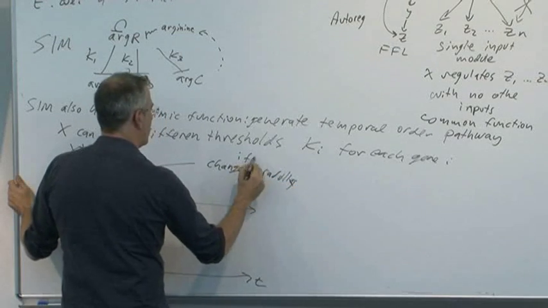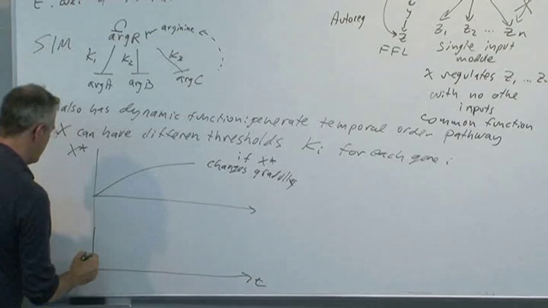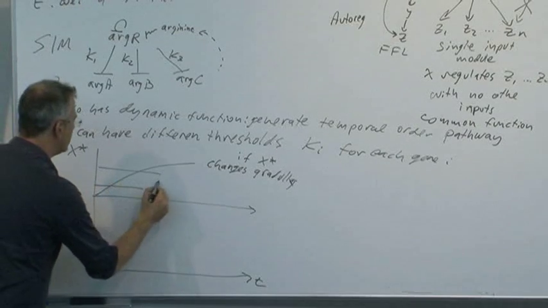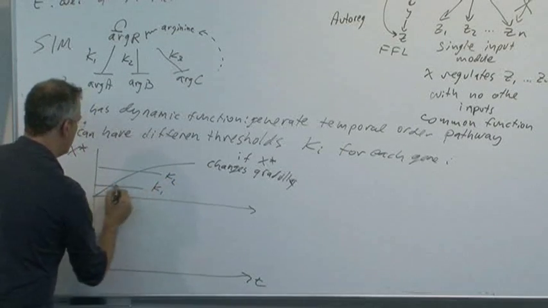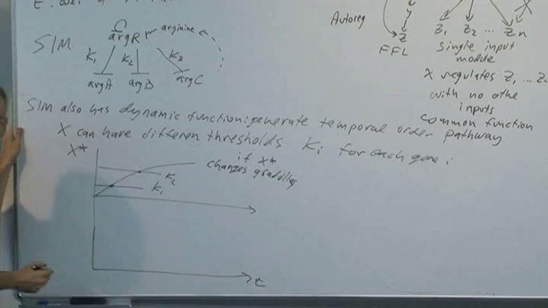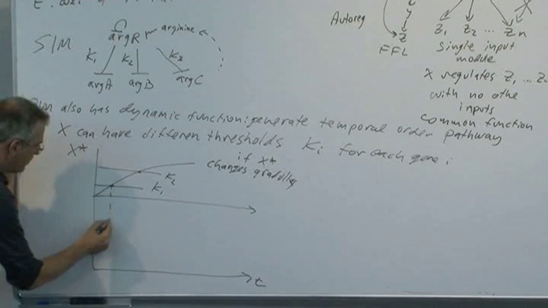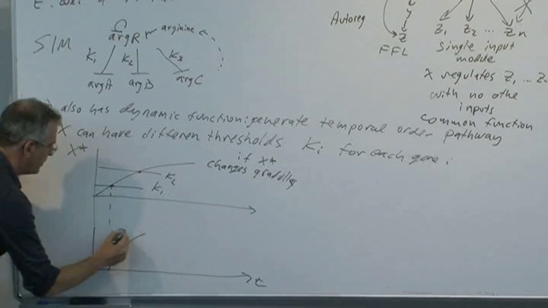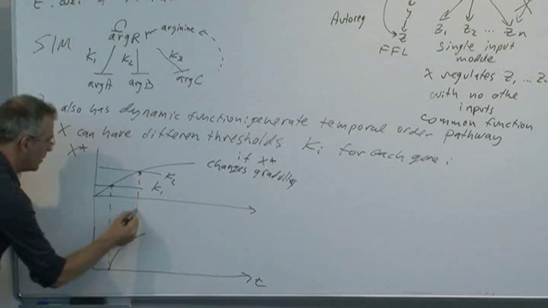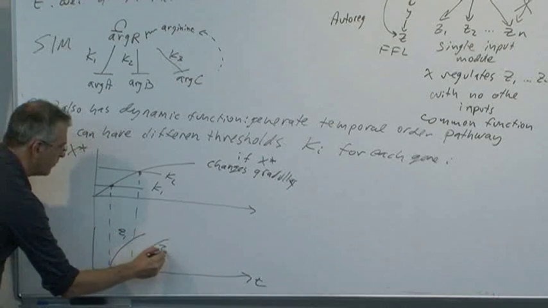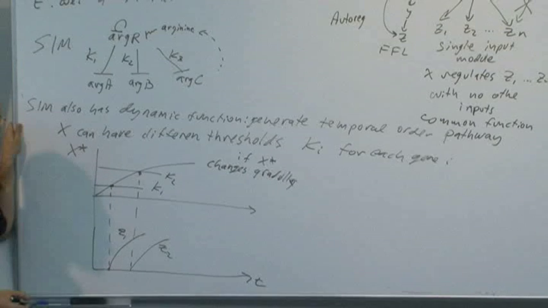If X star changes gradually, it crosses the different thresholds at different times, right? And therefore, this is the first downstream gene. This is the second one. That's as simple as that.